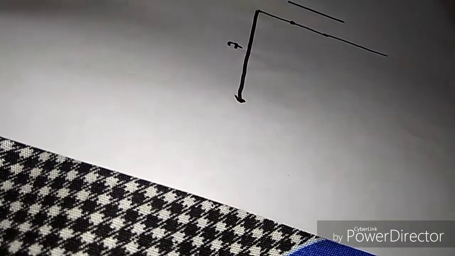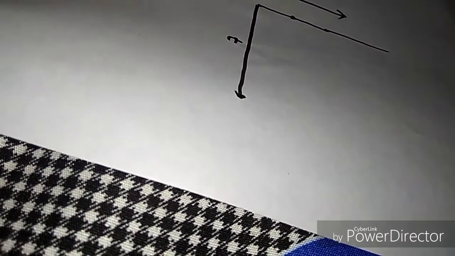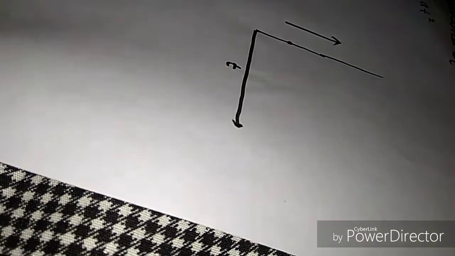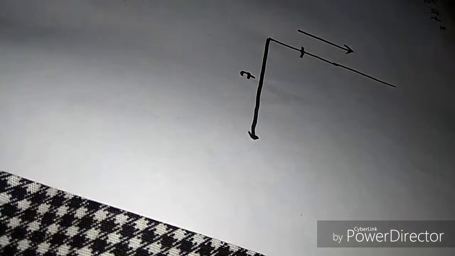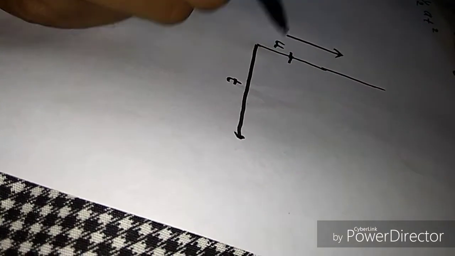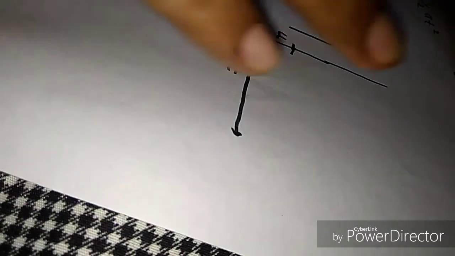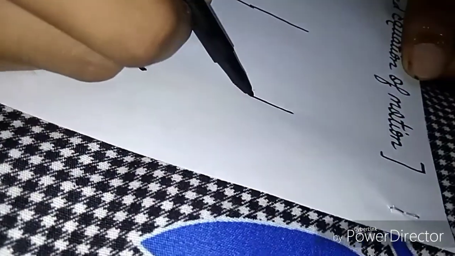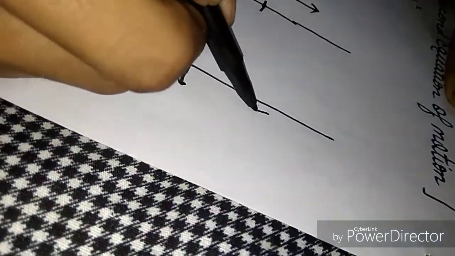We are plotting a velocity-time graph, and the initial velocity is represented by the term u, and the body gets its final velocity, which we represent by the term v.